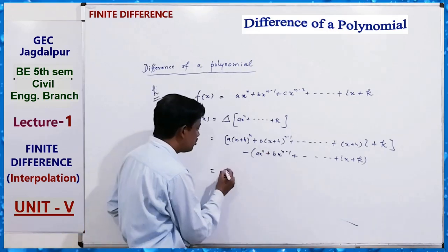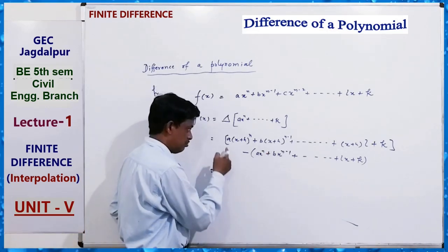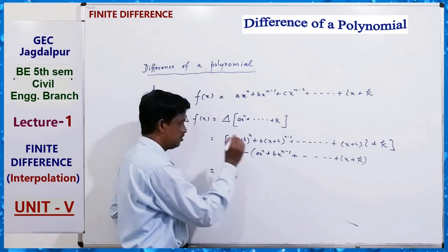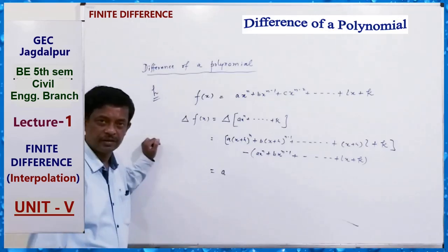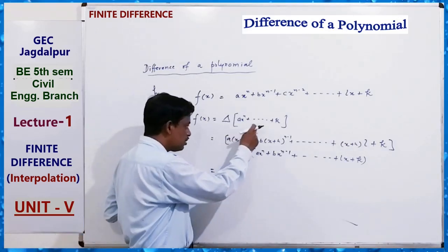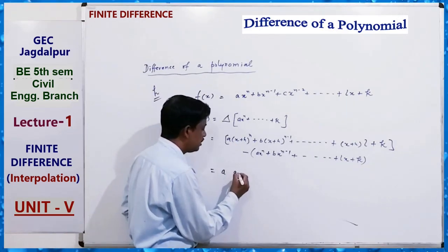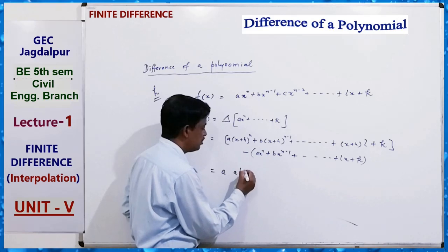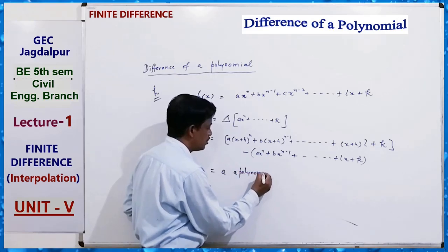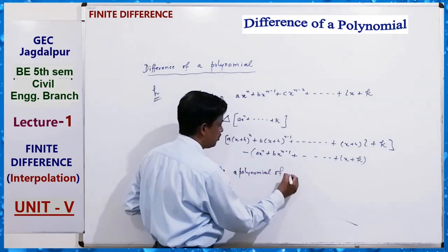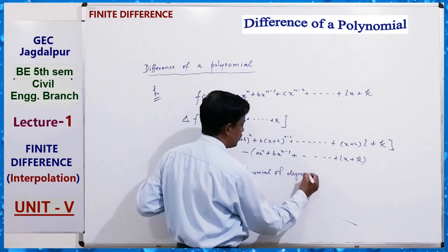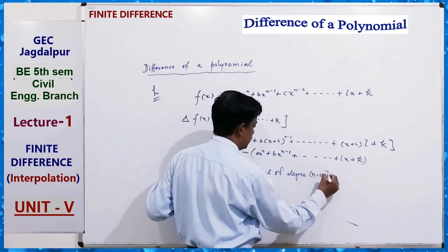So it will be a polynomial of degree n minus 1.